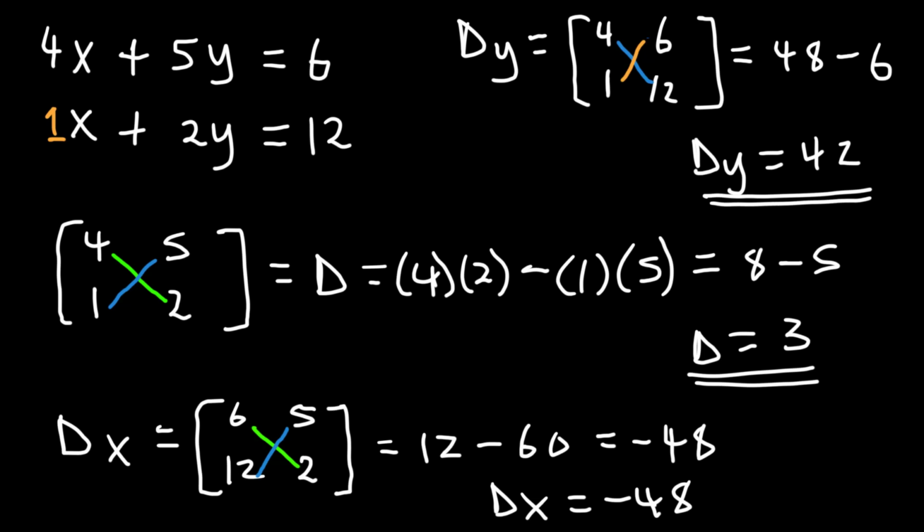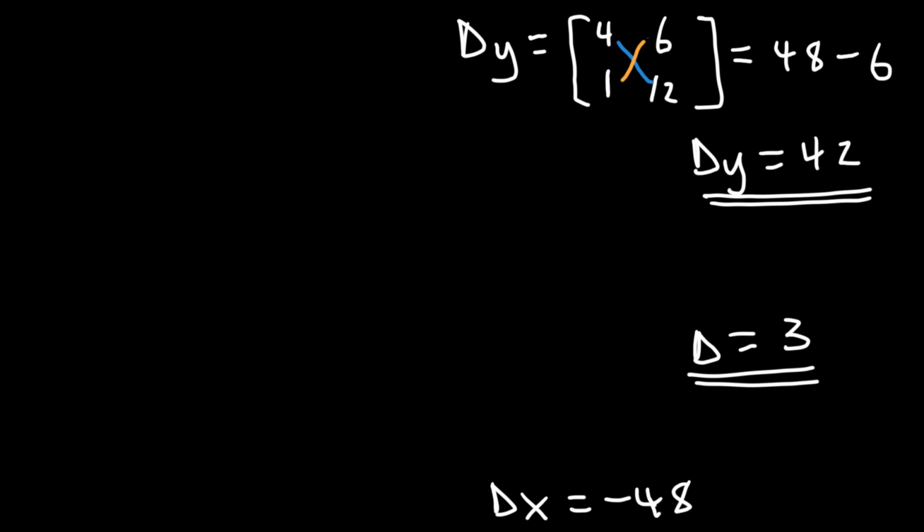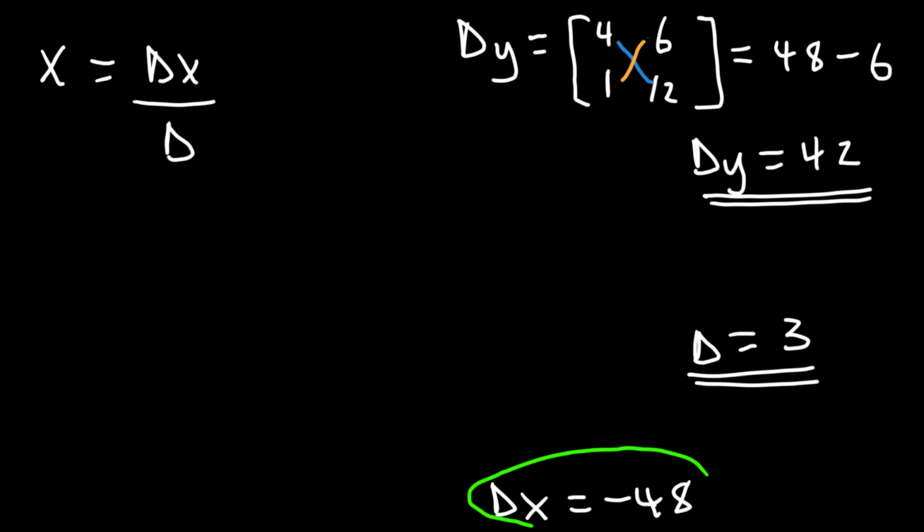And now let's see how we can find the values of x and y. X will be equal to Dx divided by D. We found Dx to be equal to negative 48, and then we found D to be equal to 3. Therefore x will be equal to negative 48 divided by 3.